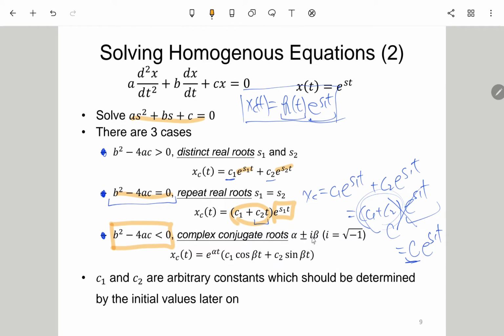Let's denote it as alpha plus or minus i beta. Conjugate means one is plus and one is minus, then i beta. And try to keep it in mind that sometimes I will call it j.